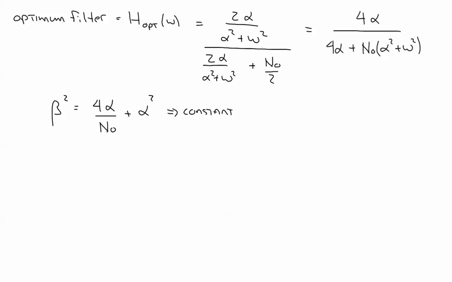And so my optimum filter is going to be written as 4 alpha over N naught, over beta squared plus omega squared. Okay? That's that for this particular example.